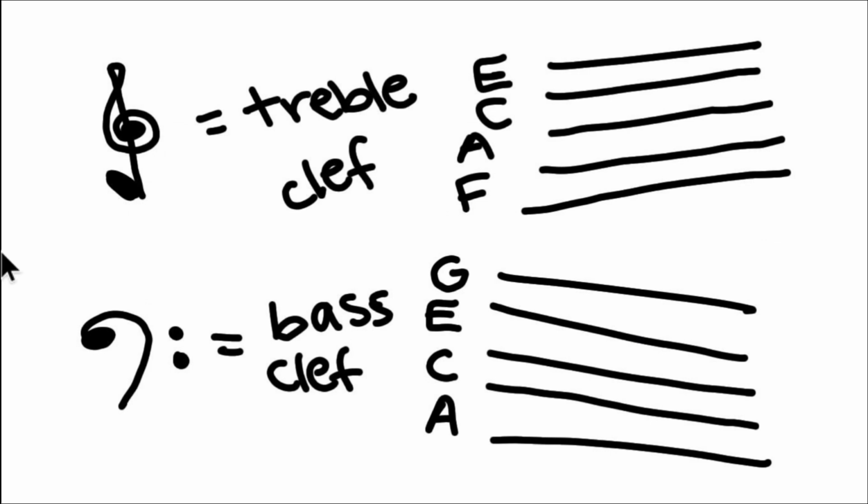So if you have, for example, a violin, that would be in treble clef because it's higher. Meanwhile, if you have something like a cello, you would be in bass clef because it's lower. Piano uses both clefs because you oftentimes use both hands to play music. And many other instruments have other clefs, like violas have alto clef, but that's really not important right now because no one cares about violas.